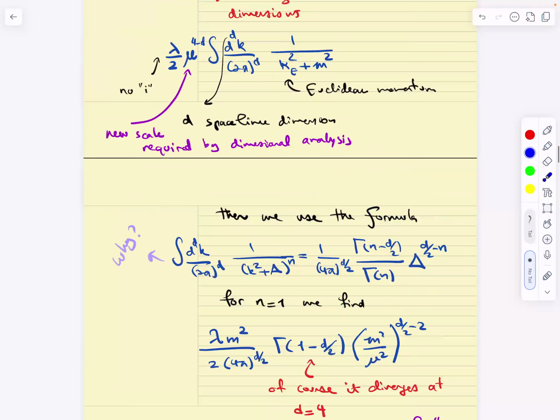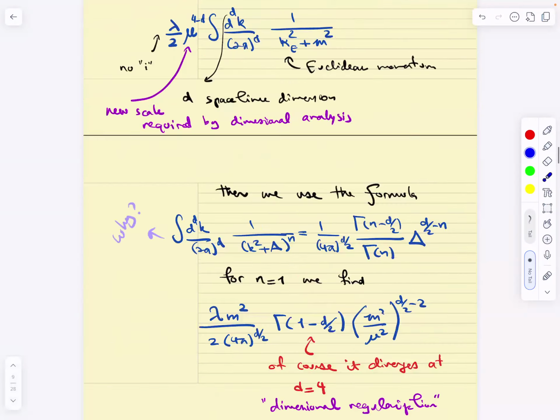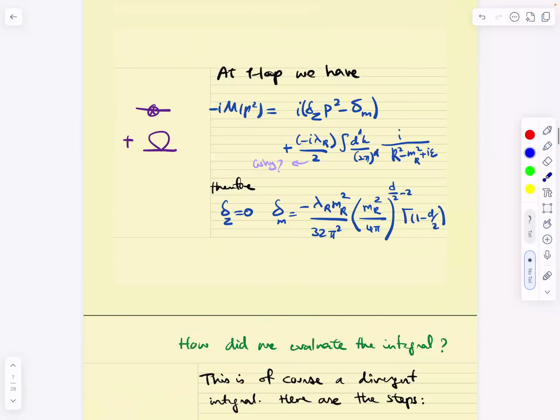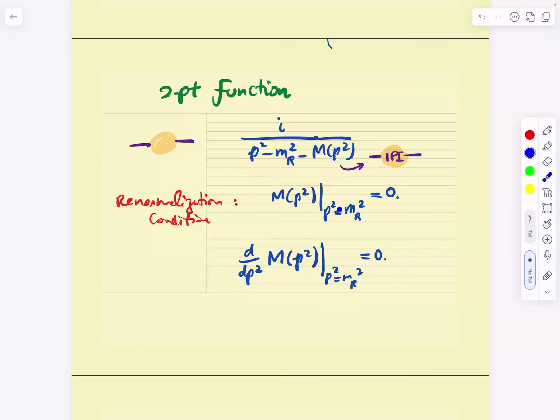To fix delta m, you will have to write these two conditions at some p squared. Mu squared, you have to tune it to m_r squared. That's what you do.